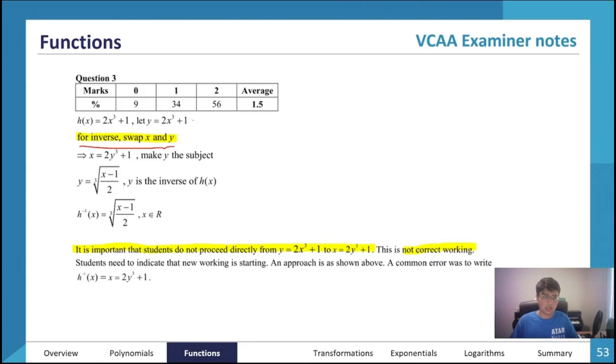Otherwise, they don't understand how you got from talking about the function itself to suddenly having x and y swapped in your working. You don't need to write make y the subject. You don't need to write y as the inverse of h of x. You can just proceed from this line of working down to this line of working down to this line of working. Just make sure you write for inverse swap y equal to x.